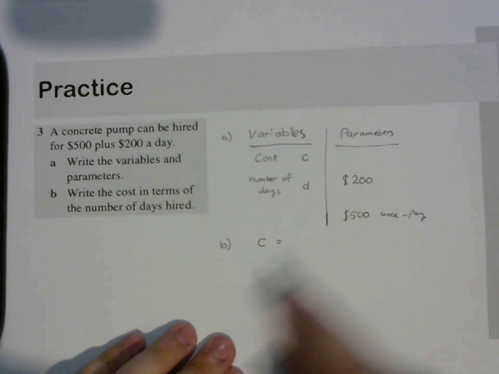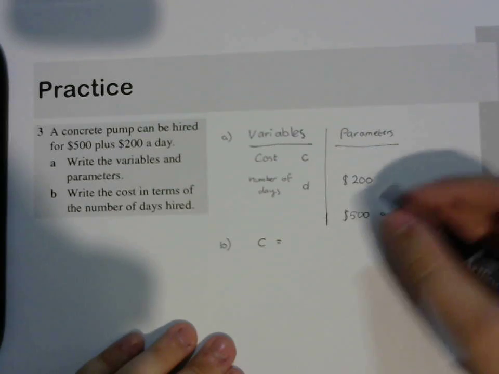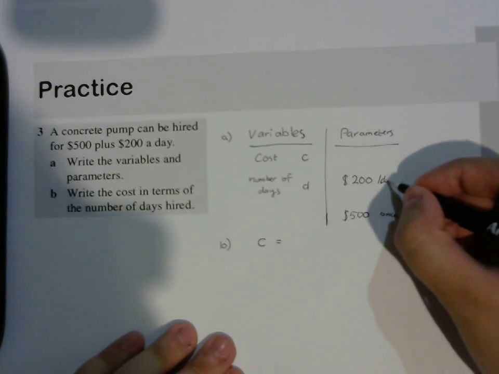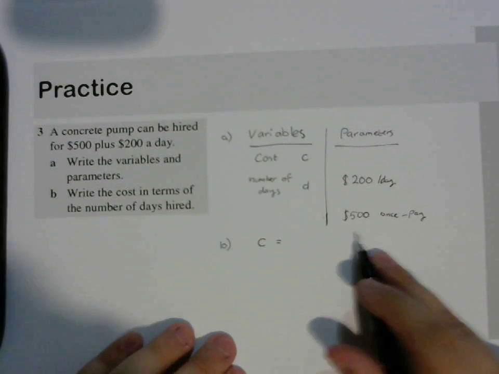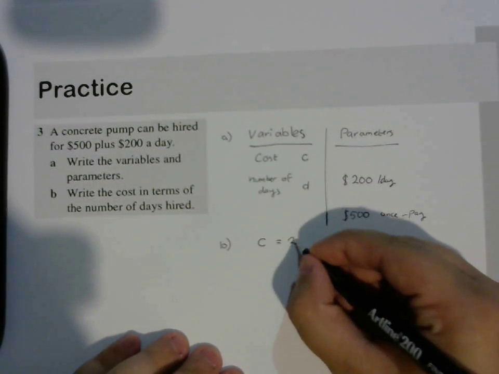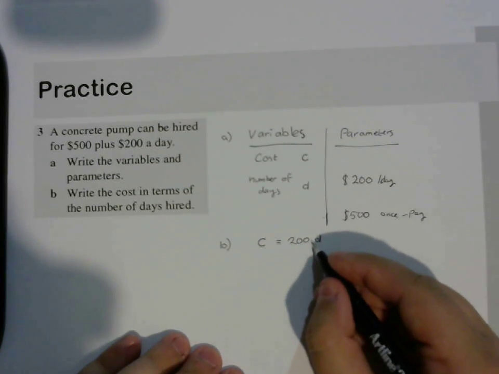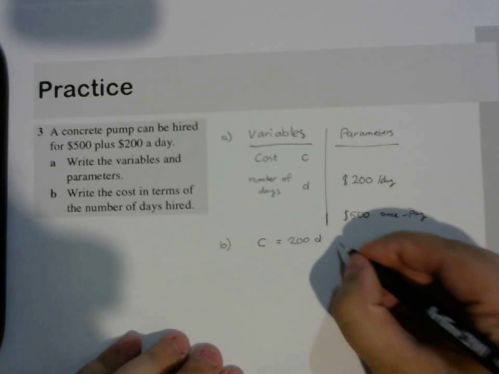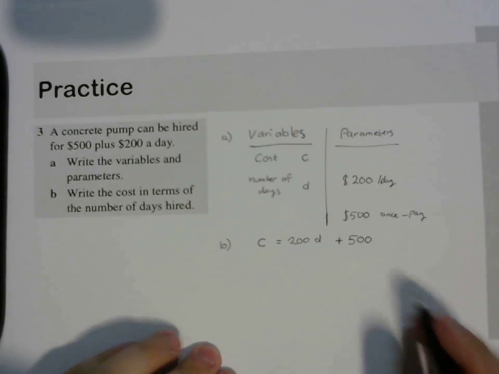Now we know that it's going to cost $200 for every day hired, so it's $200 per day, plus $500 every time. So we might write this as 200D, and there's an invisible multiply sign there, so it's 200 times D, plus 500.